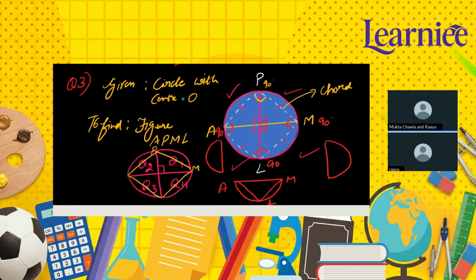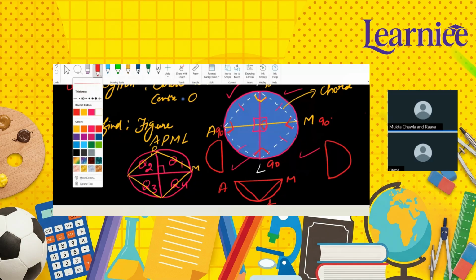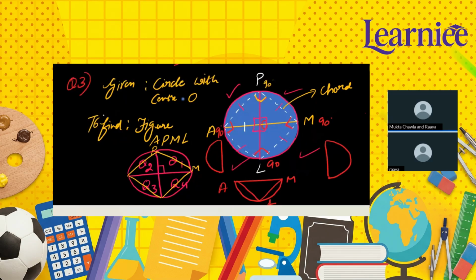Also, the diagonals, they have already given in the very beginning, that diagonals or diameters are bisecting each other, dividing each other in equal halves. So all the properties are satisfied here. So we can say that the figure that we will be plotting on the circle would be a square. Fine.